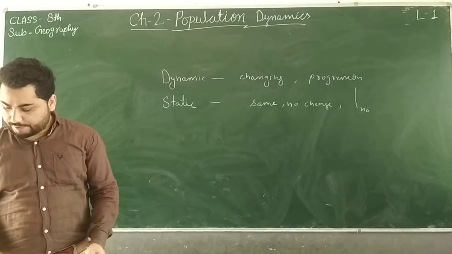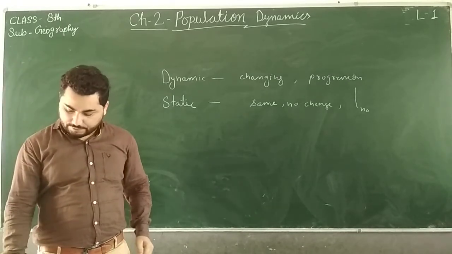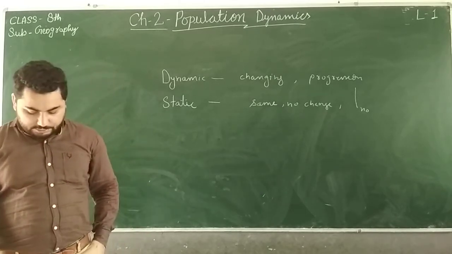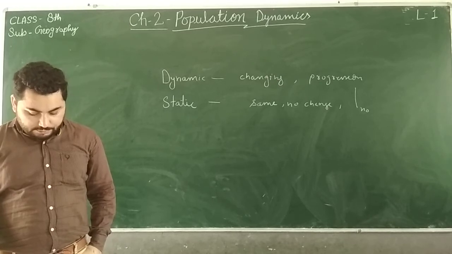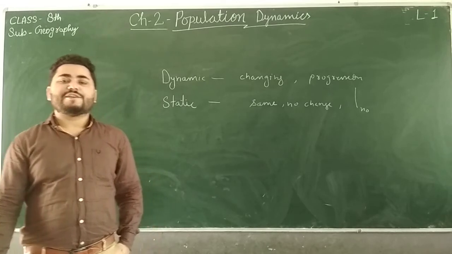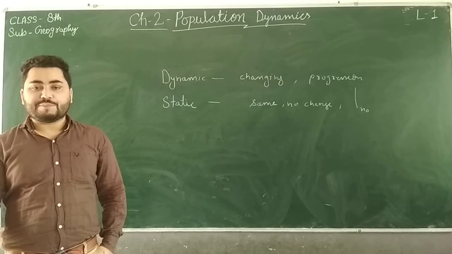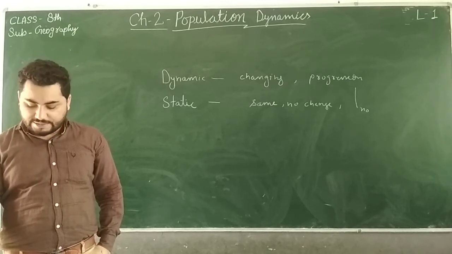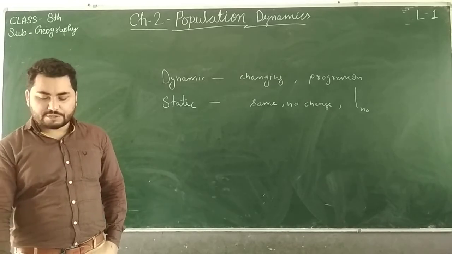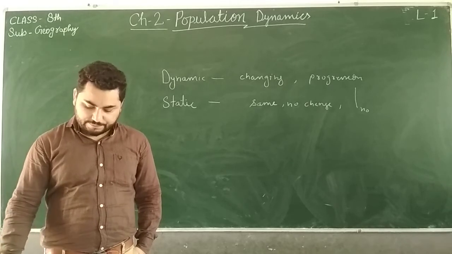Then population density, and the division of the whole world on the basis of density of population: sparsely populated region, moderately populated region, and densely populated region. Then we will study overpopulation and underpopulation and their positive as well as negative impacts.